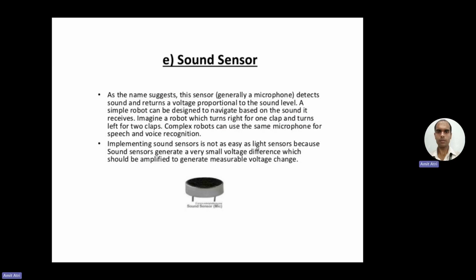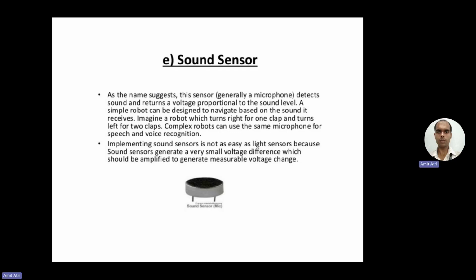The next one is the sound sensor. As the name suggests, this sensor is most commonly a microphone. It detects the sound and returns a voltage proportional to the sound level. A simple robot can be designed to navigate based on the sound it receives, because the sound is the input.